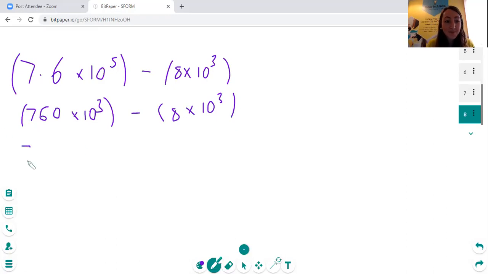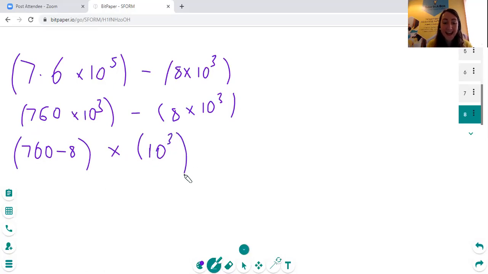Okay, so then we do 760 minus 8 in the first bracket. And that's going to be times 10 to the power of 3 in that second bracket. Now then 760 minus 8, that gives us 752 times 10 to the power of 3.